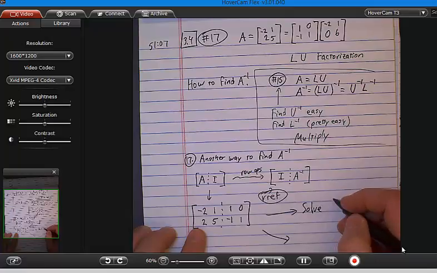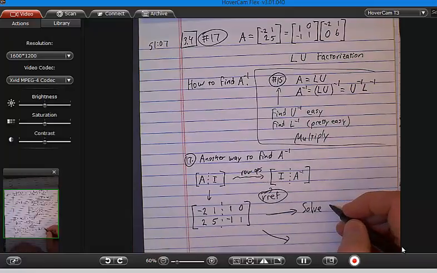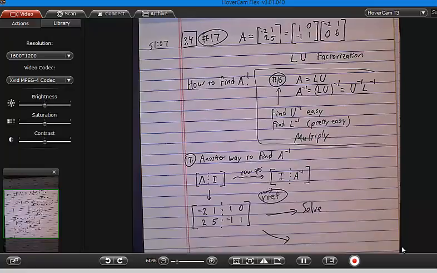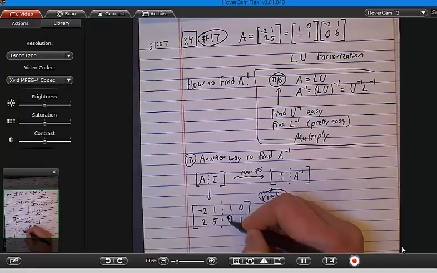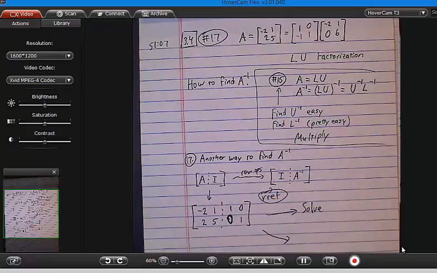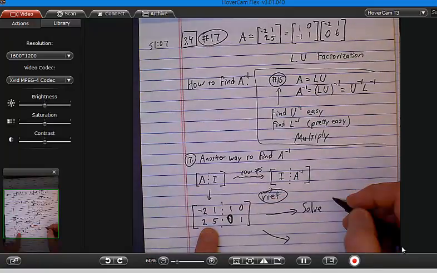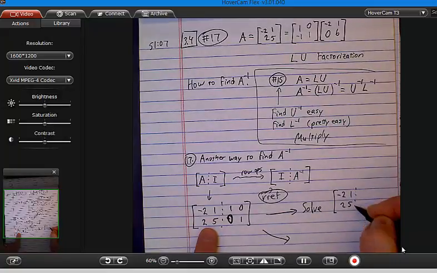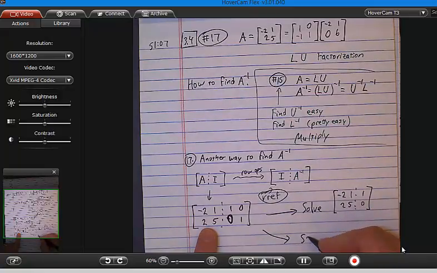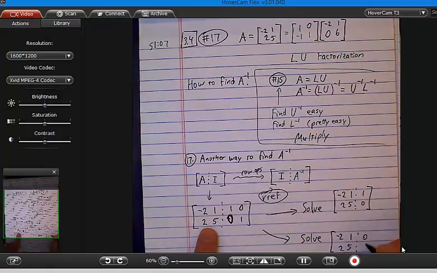Oh wait, I screwed up, guys. Do you see where I screwed up? That's a 0. Okay. So you're going to solve -2, 1, 2, 5, 1, 0, and you're going to solve -2, 1, 2, 5, 0, 1.